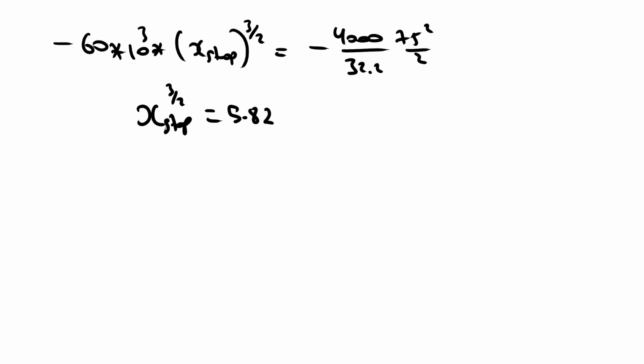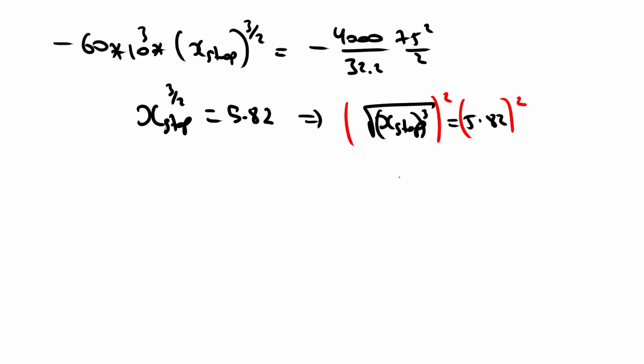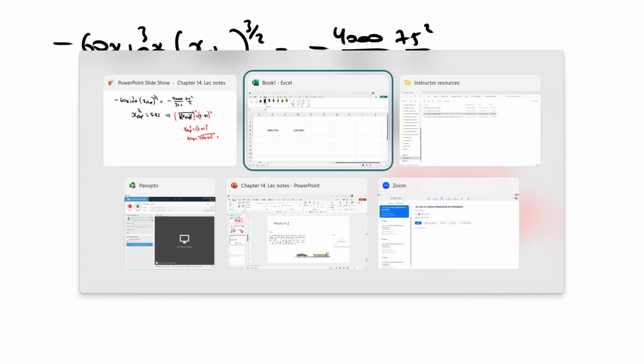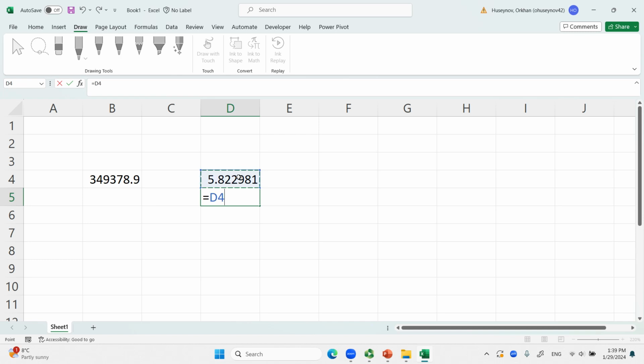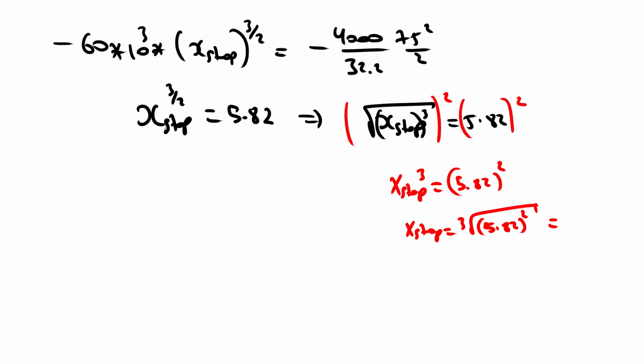To solve this equation, you can square both sides, so x stop will be equal to 5.8 squared to the power of 1/3. Let's do that: x stop will be 3.24 feet. So that's where it will stop.